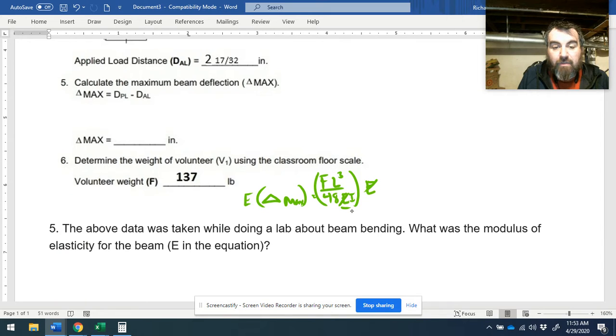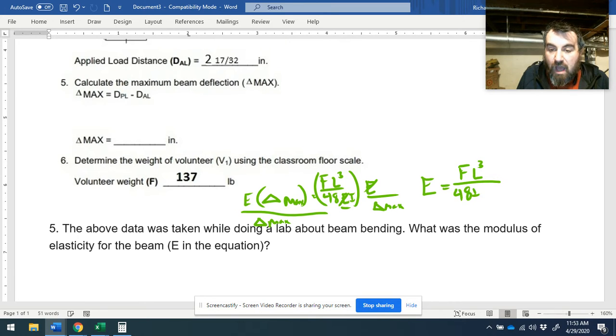And now the delta max is being multiplied by the E, so we're going to divide both sides by the delta max. Okay, so the result is E is equal to F L to the third over 48 I delta max.